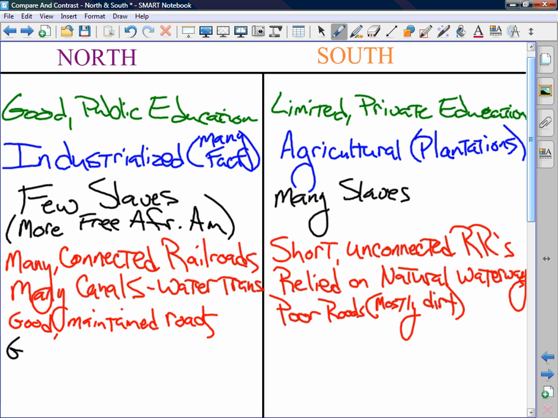Okay, we had good communication because of having more telegraph lines.